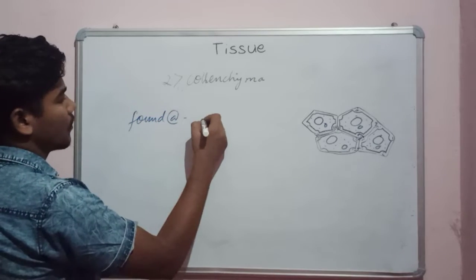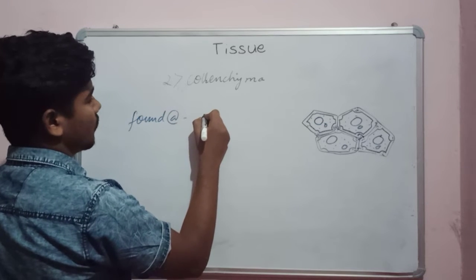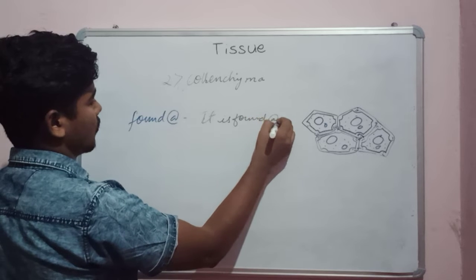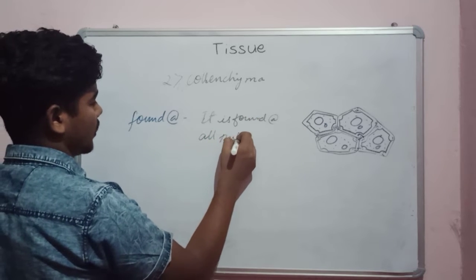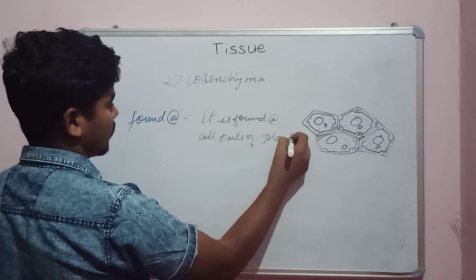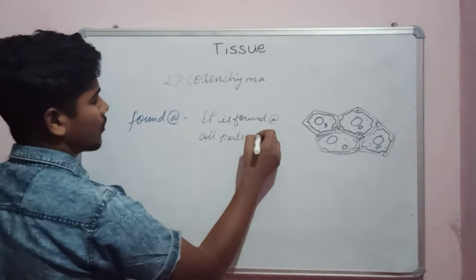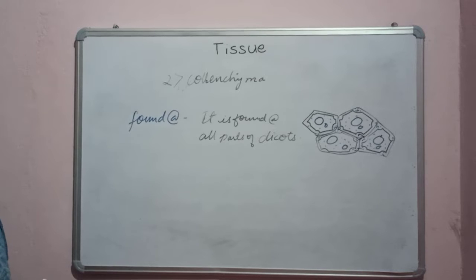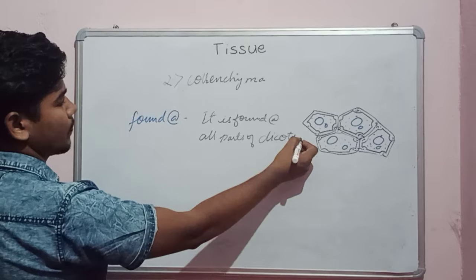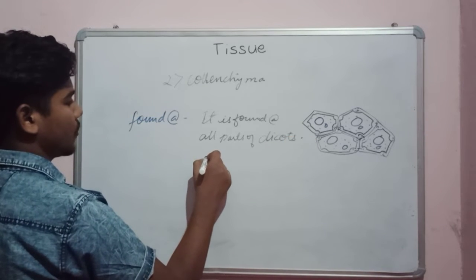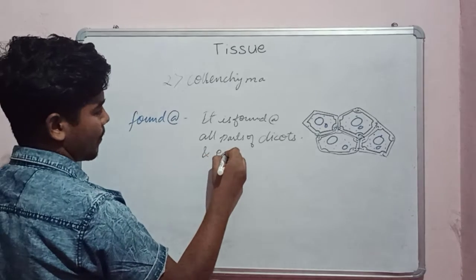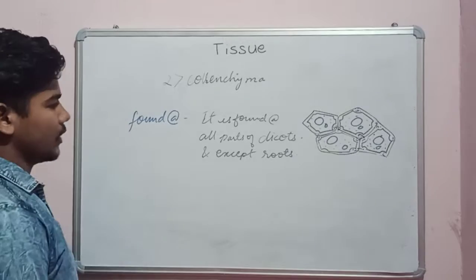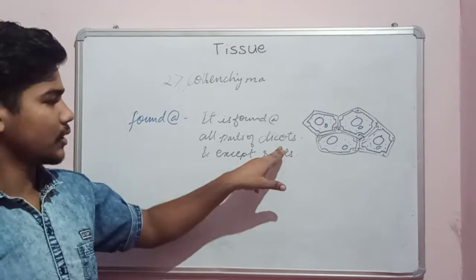It is found in all parts of dicot plants except roots.